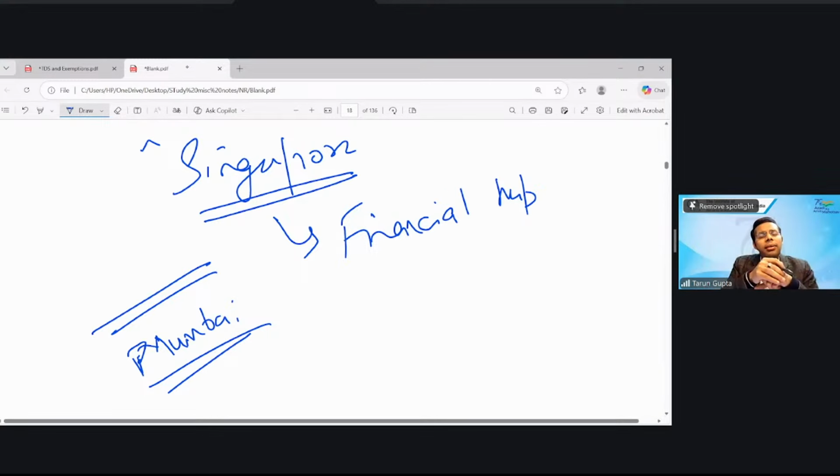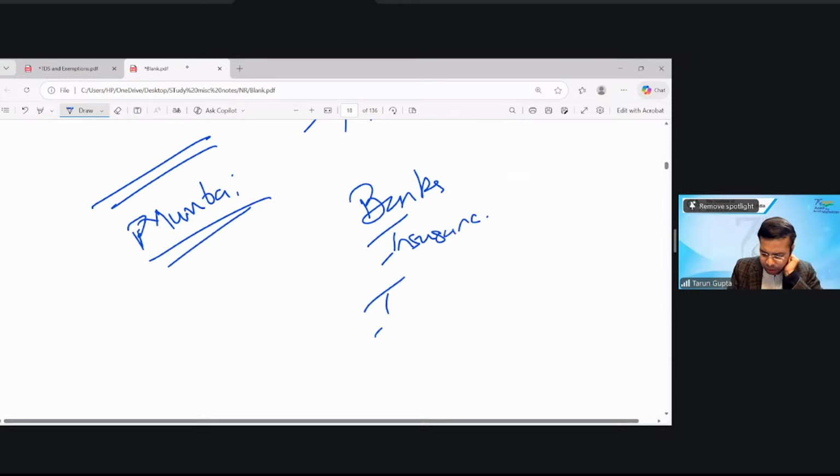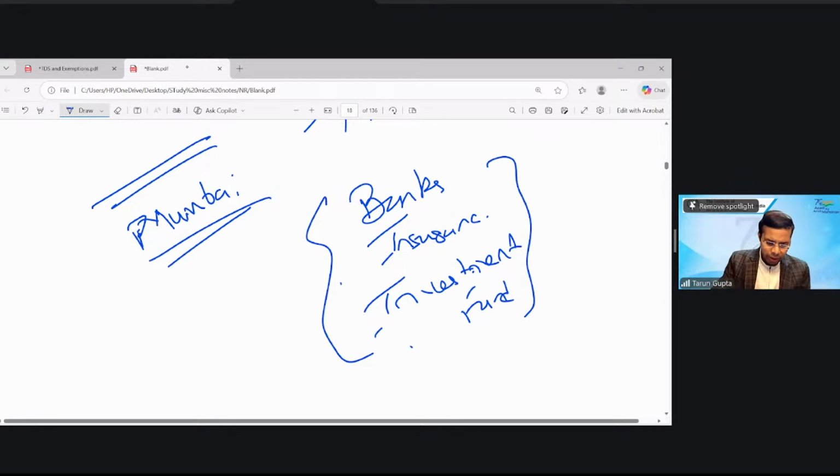So when I say financial hub, it includes banks, insurance, and then investment funds as well. So most of these FIIs, FPIs, AIFs, the foreign institutional investors, foreign portfolio investors, alternate investment funds, most of these funds were being based out of Singapore.